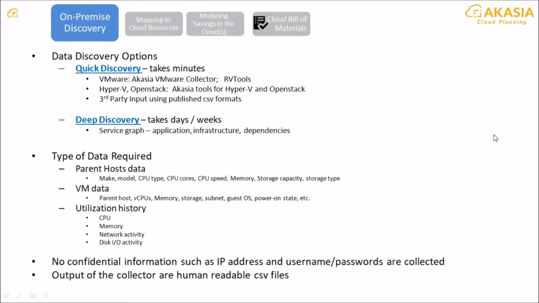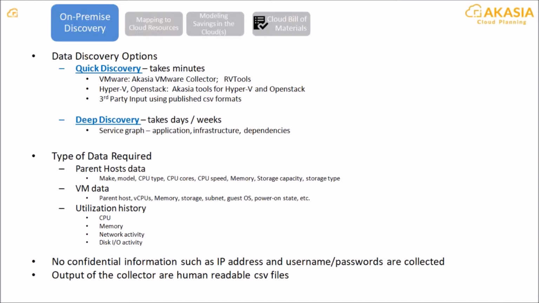So a quick view into the on-prem discovery. We have two types of discovery. One is quick discovery and the other is deep discovery. Quick discovery is where we simply pull data off of existing monitoring solutions. Most enterprises have monitoring solutions that have already been deployed, and a lot of enterprises are extremely sensitive to more probes being added to their environment.